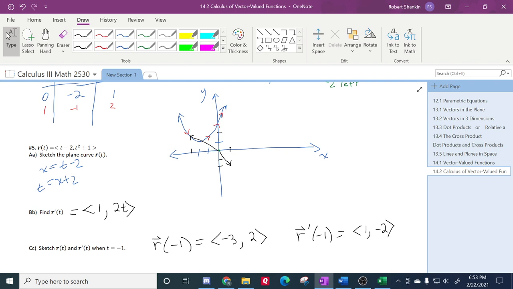Okay, group 2, what would have been a better way? Well, the only thing I really thought of is we could have continued r prime of t kind of backwards toward the actual graph, so we can actually see the slope at that point. So, are you saying that I should move the r prime of t?